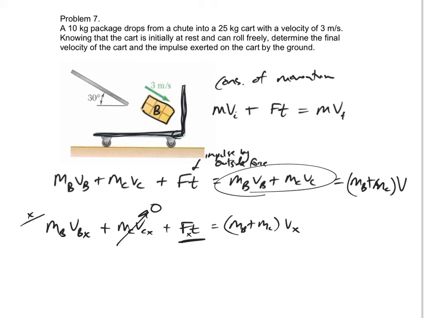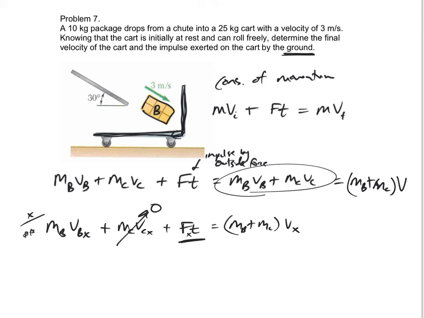Well, B does create an impulse on the cart C, but C pushes back with an equal and opposite impulse. Since I'm considering both the block and the cart in this equation, that's kind of like an internal force. One outside object that is creating an impulse is the ground.